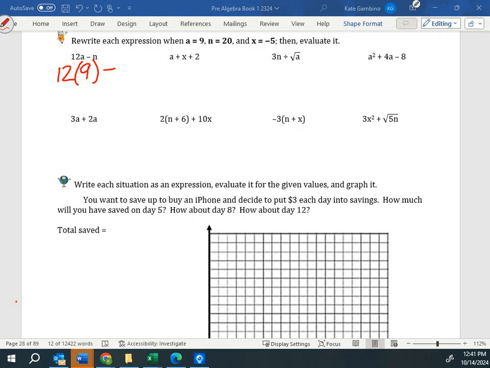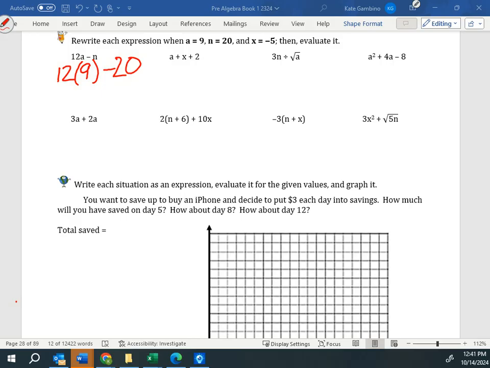Minus n. What is n? 20. So I'm going to write my expression out. That is the first step. I do not want to just see an answer. It says rewrite each expression, so you must rewrite it. Then we're going to do our order of operations.